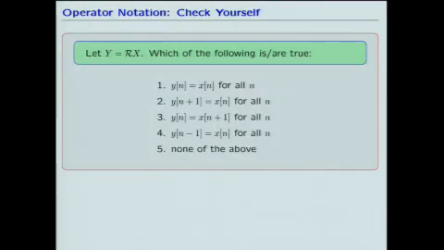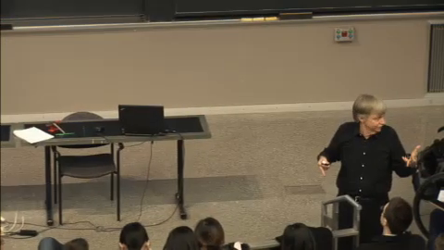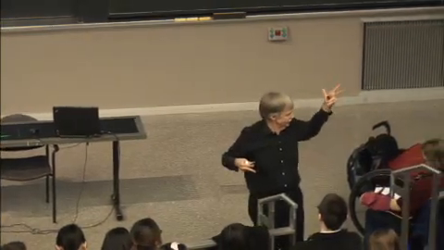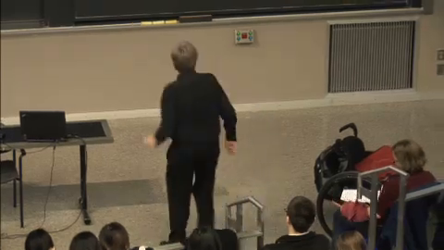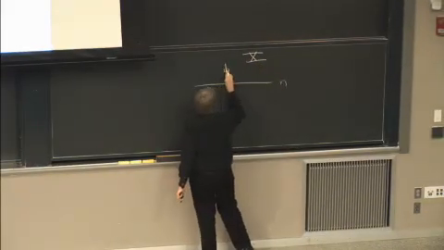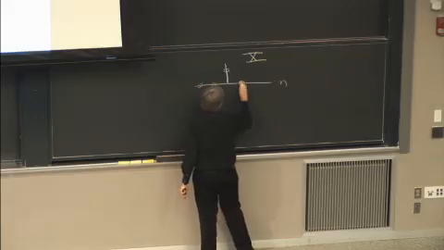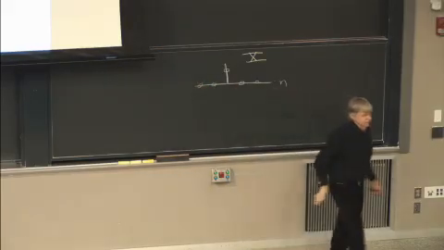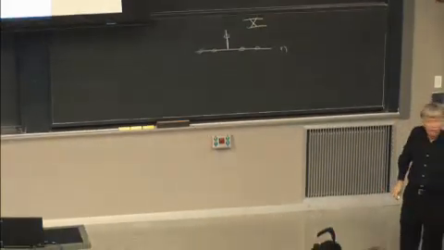So a good way to think about this is to think about simple cases, right? That's the same thing I talked about earlier. What's a simple case? Well, let's imagine that x is simple. So let's say that x looks like that. So x is delta. What would happen?